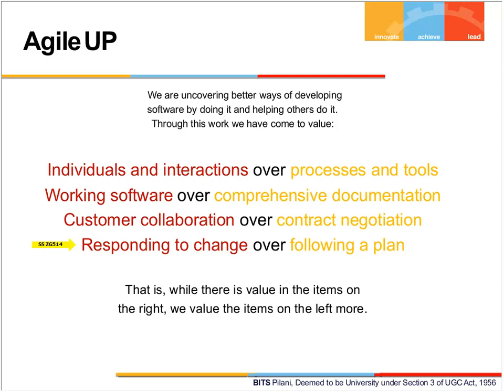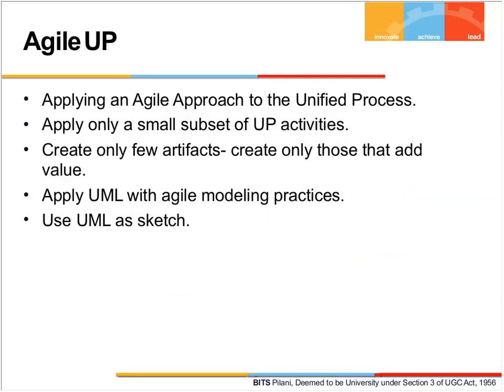Now, how did Agile and the unified process come to join in? The Agile people found that the unified process adopted something very important, which is called UML. The unified process advocates use of the unified modeling language to design the work products.